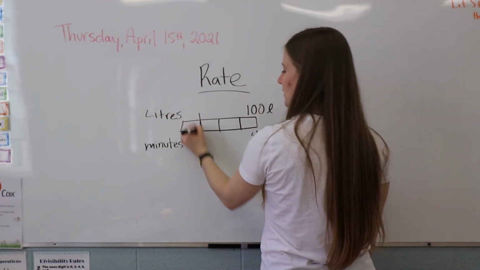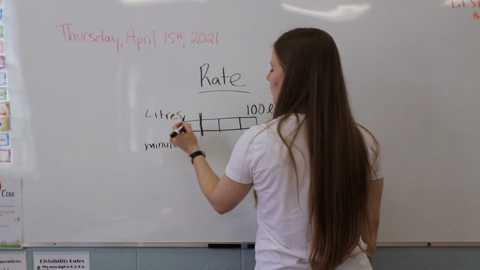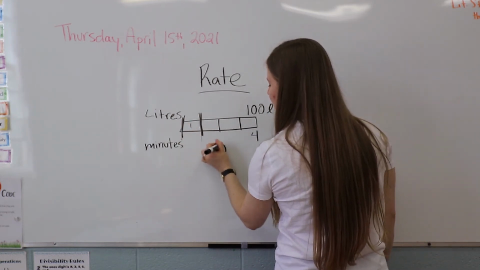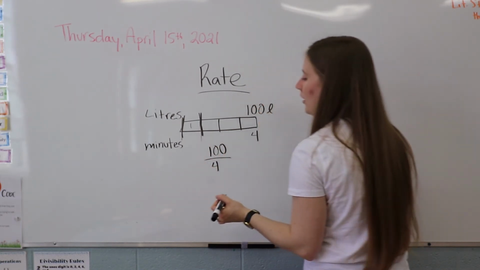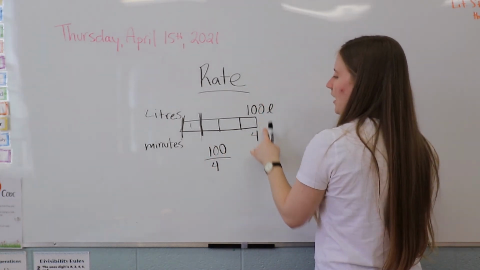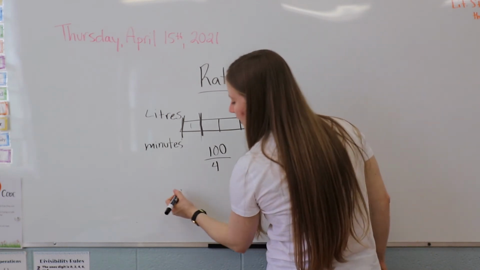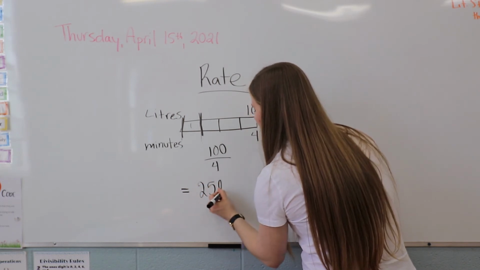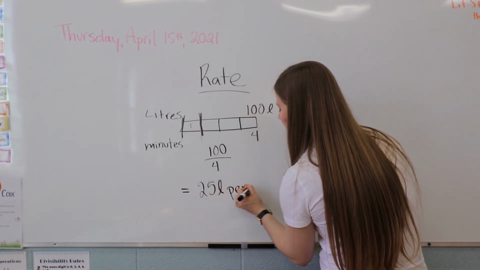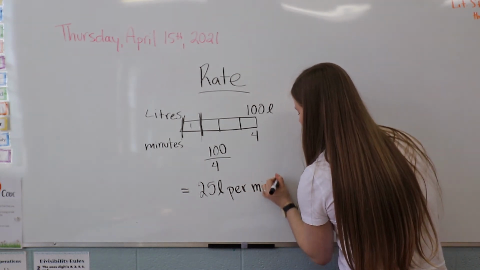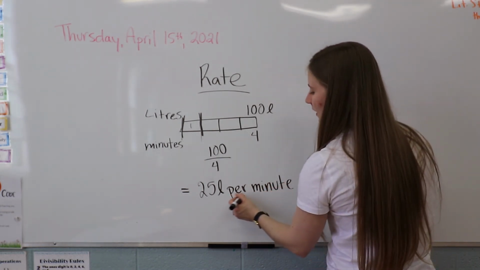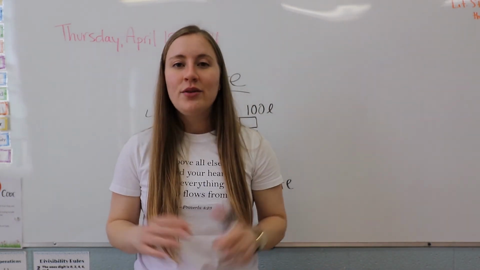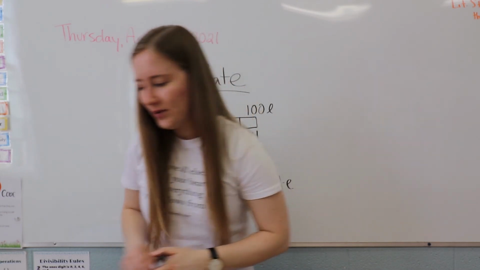It's asking us to find what 1 is worth. And in order to find that, we have to take our 100 and divide it by 4. Because we know after 4 minutes, 100 liters come out. So that's going to give us 25 liters per minute. Again, we see our all important per, because that is the rate of water flowing from the tap.